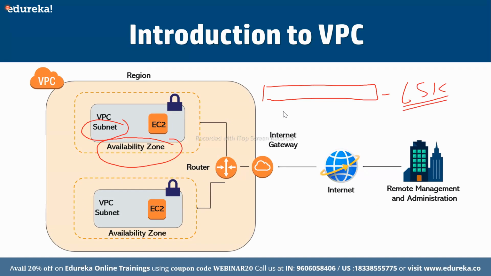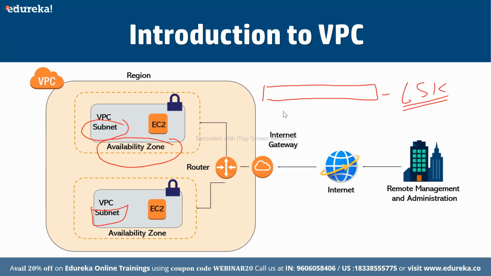But this 65K IP address, let me say, belongs to the entire organization. In the organization, there will be small departments, like a finance department, an admin department, a housekeeping department, a research department. So they can distribute this IP range into small chunks, and each chunk is actually known as a subnet, or subnetwork.